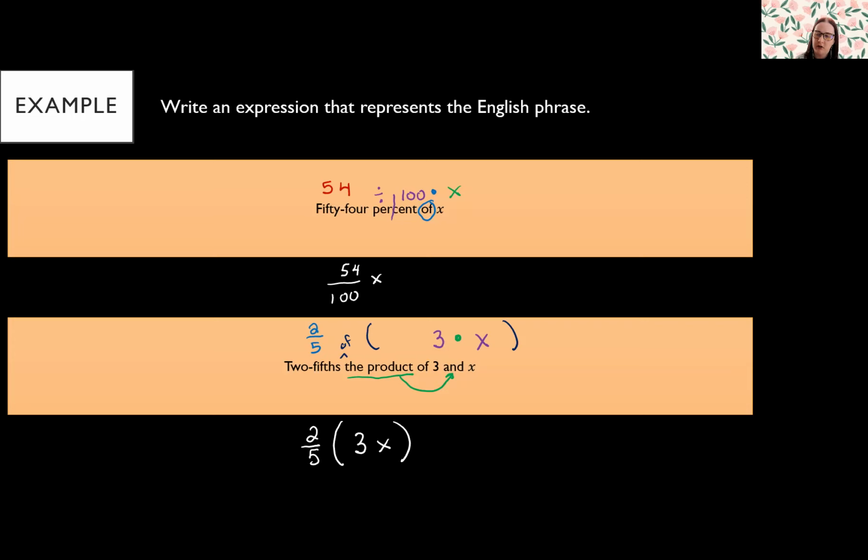So I don't need the dots anywhere here. I can use parentheses to represent multiplication, and if you've got a number times a variable, you don't need a dot, you can just put them next to each other. So it's 2/5 parentheses 3x. Now we could go simplify this, kind of do that multiplication, but that's not what we're focusing on here. We are just focusing on actually translating and taking these words and then understanding what they mean and how that gets written.